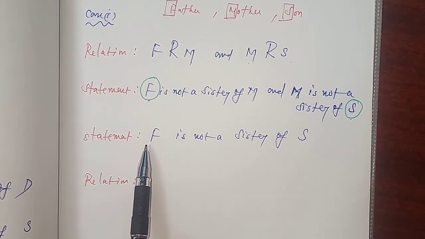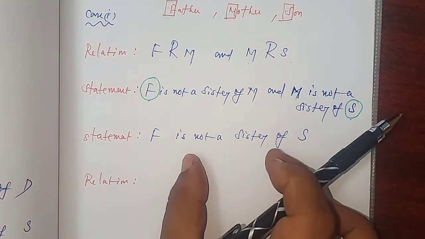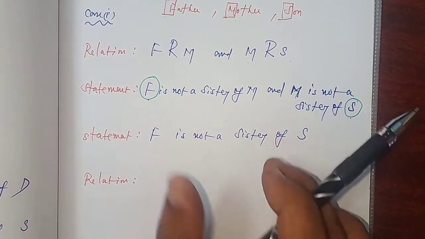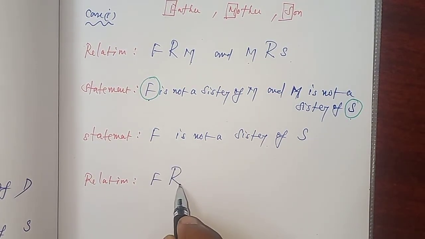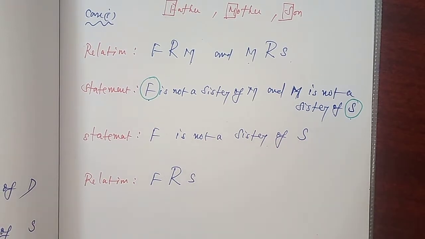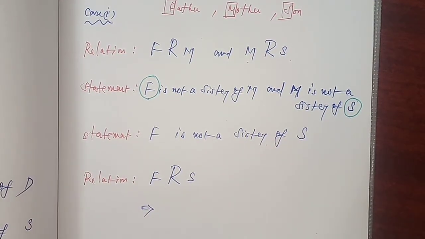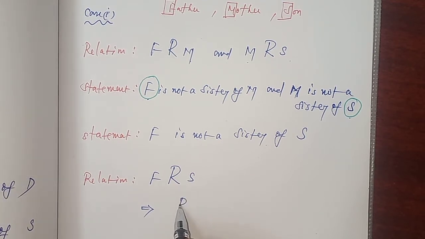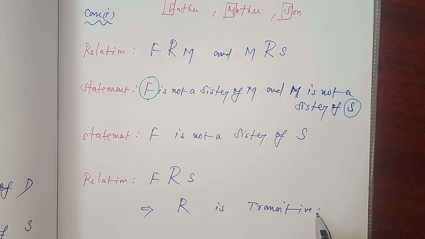Father is not a sister of son. This is the given statement. It is satisfied. Therefore, you write F R S, which implies R is transitive. Now, case 2.